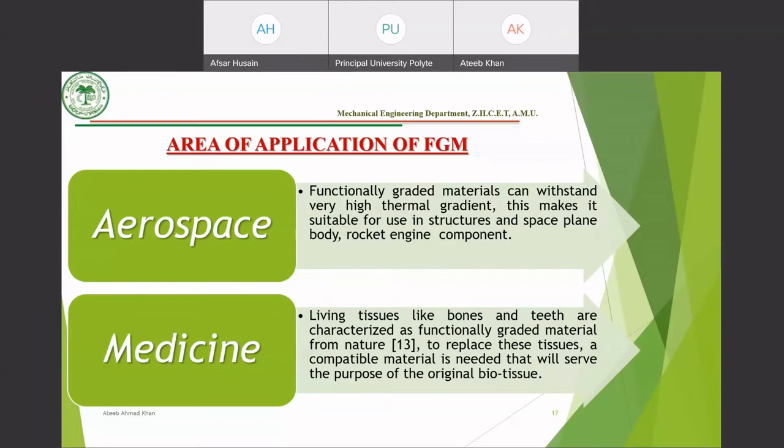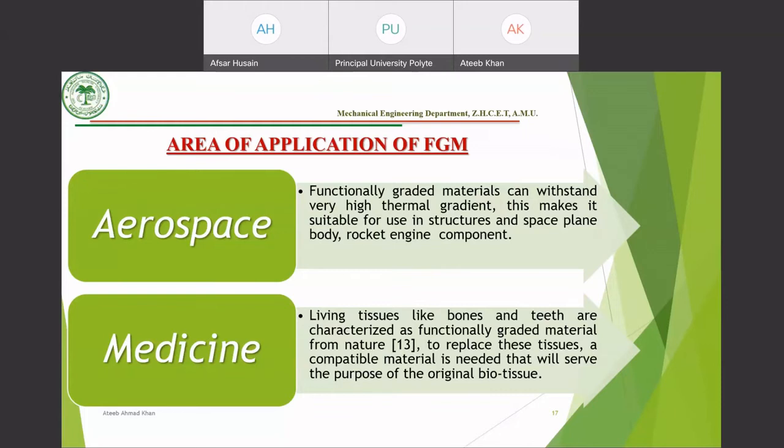A lot of research is going on in FGM implants. There are three main reasons for using FGM implants in place of metal implants. The first is that it improves the biocompatibility with bone tissue. As I told you, our bones and teeth are already naturally occurring FGM, so we need a compatible material to replace them.